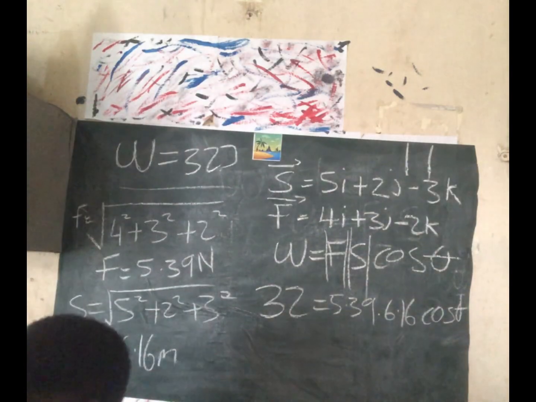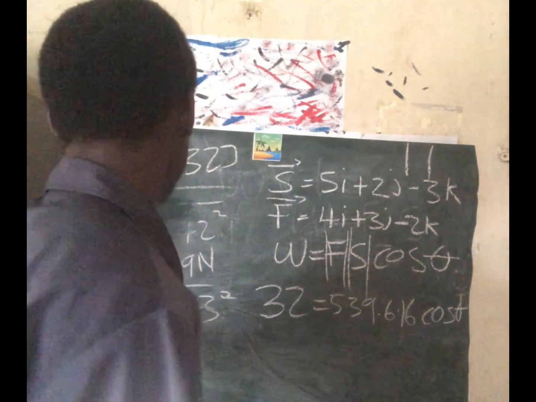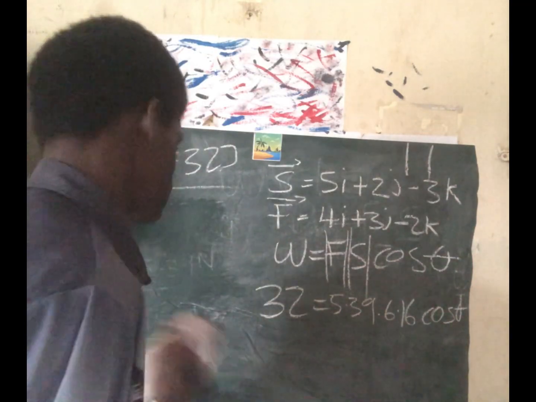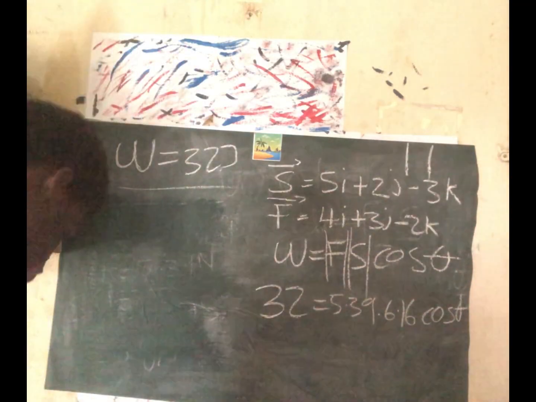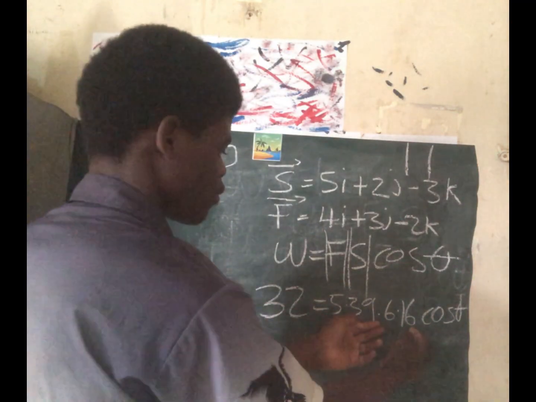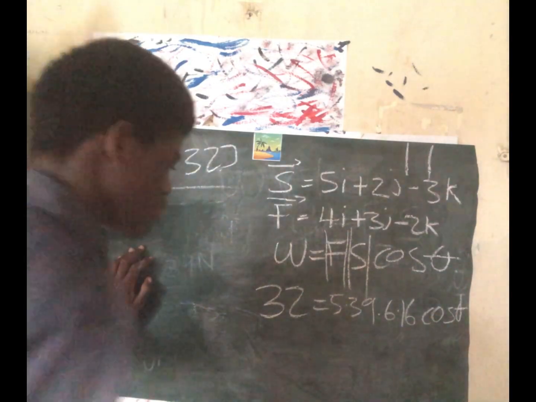So since we've gotten that, we want to find theta, the angle between F and S. To find it, we just divide 32 by 5.39 times 6.16, then we take the cos inverse.